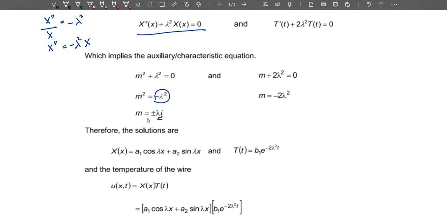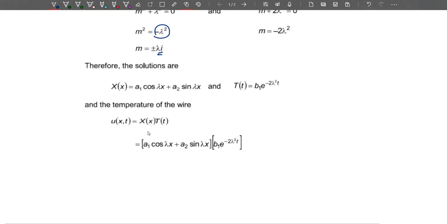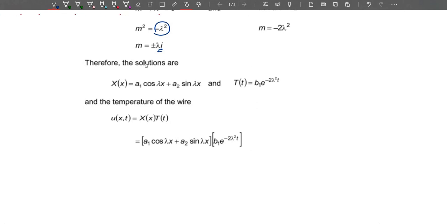This one is actually the case for the second order differential equation problem. And the temperature of the wire would be u(x,t) equal to X(x) times T(t), which is A1 cos lambda x plus A2 sin lambda x multiplied with B1 exponent negative 2 lambda squared t. Okay, next.